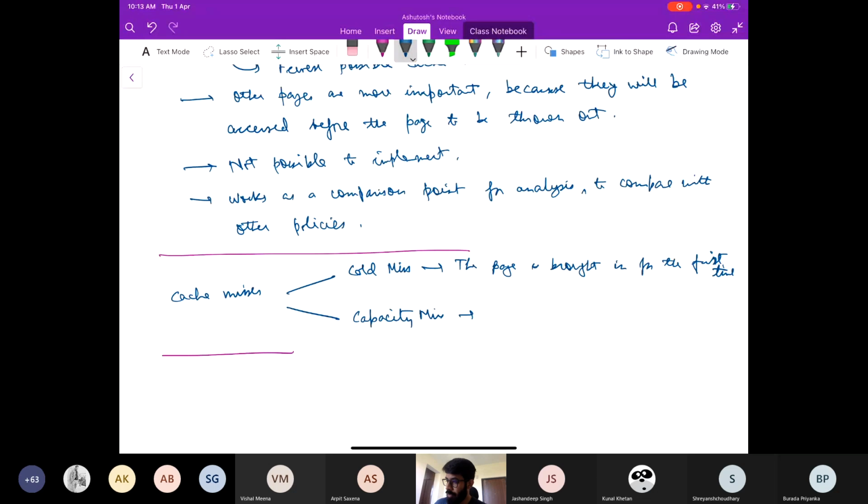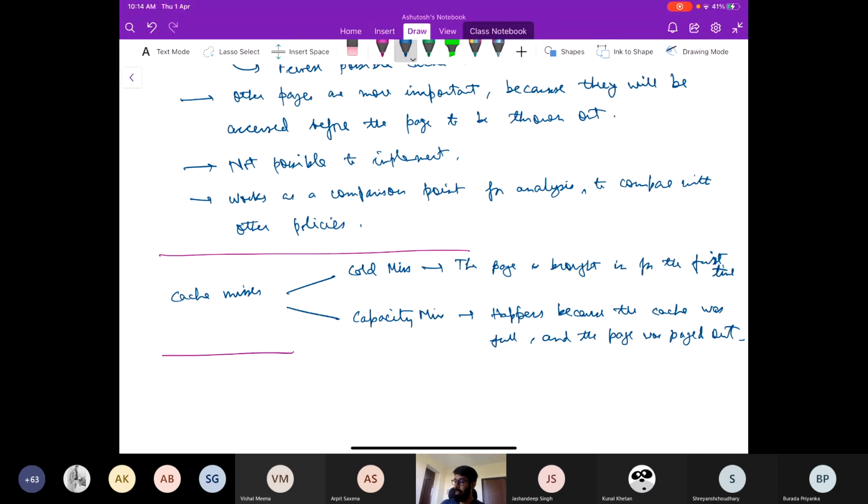There's another kind which we will not be looking at because it is not going to happen in this case. A capacity miss happens because the cache was full and the page was paged out. Okay.